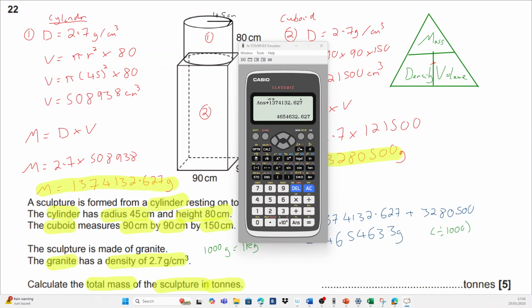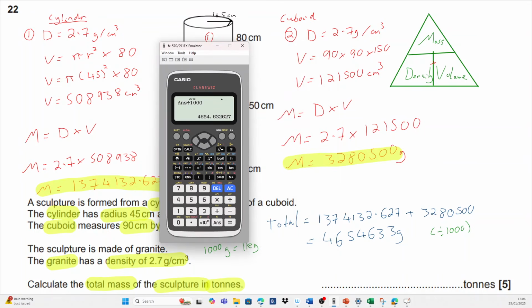Now this number, if I go and divide this by 1,000, we get 4654.633, and this is now in kilograms.